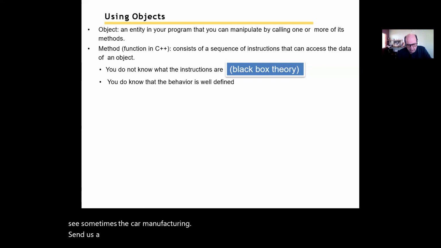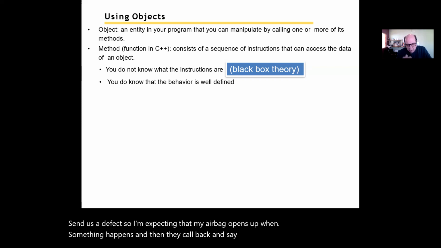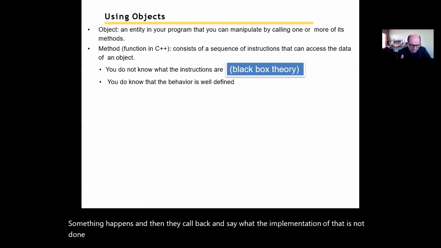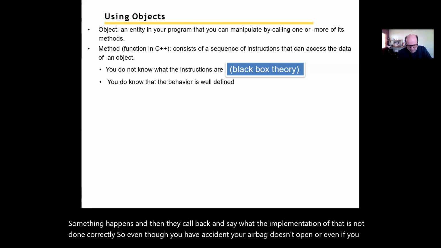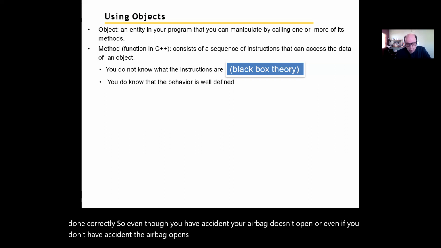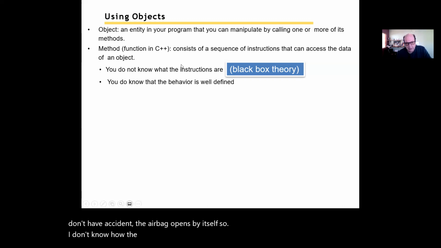I'm expecting that my airbag opens up when something happens, and then the callback says the implementation of that is not done correctly. So even though you have an accident, your airbag doesn't open. Or even if you don't have an accident, the airbag opens by itself. So I don't know how it is, and I don't know if it's done correctly.